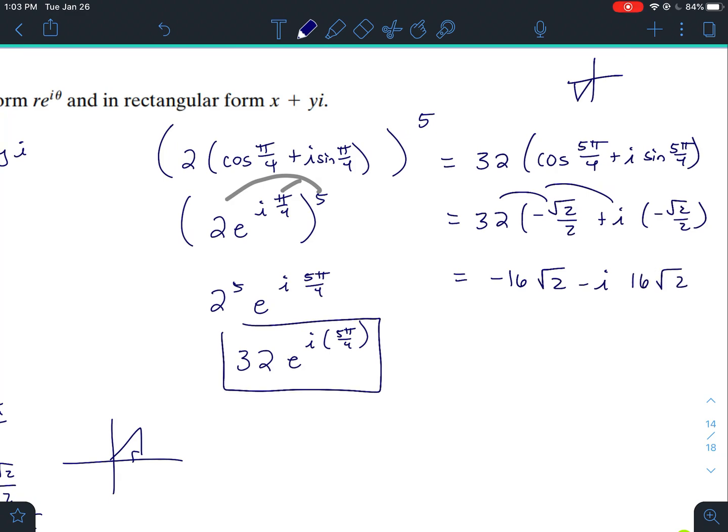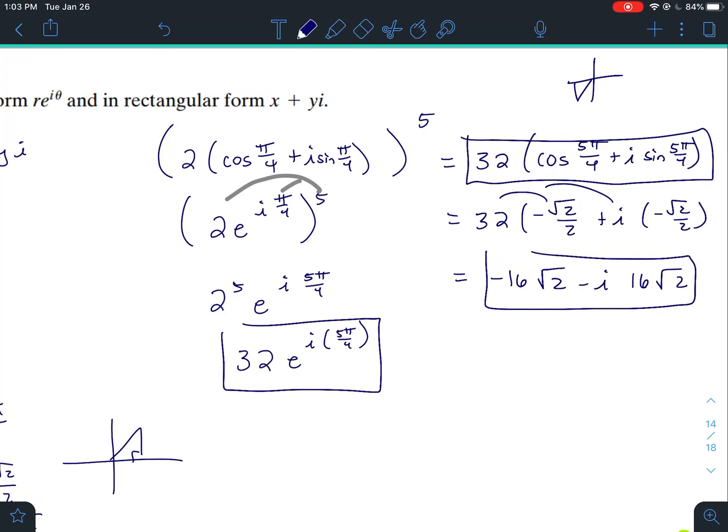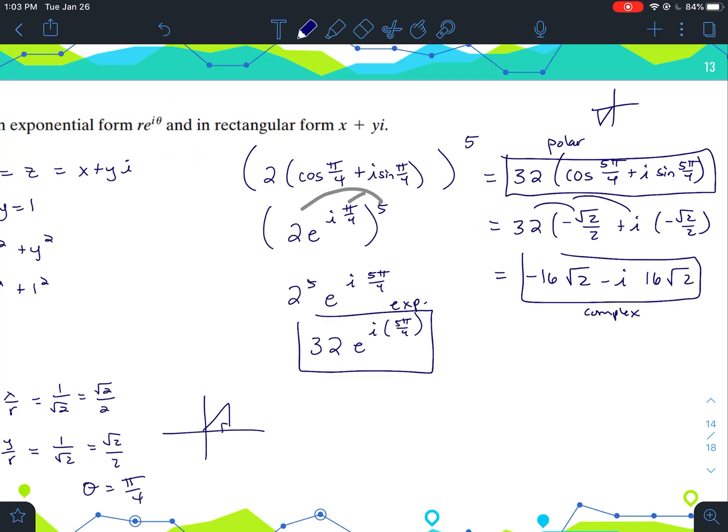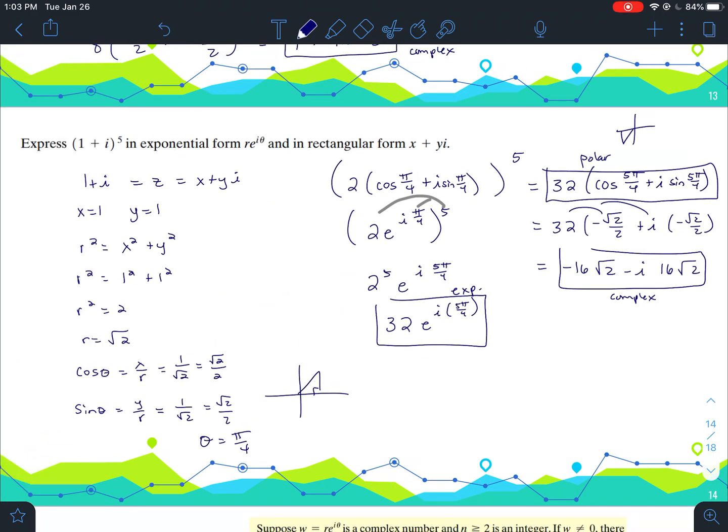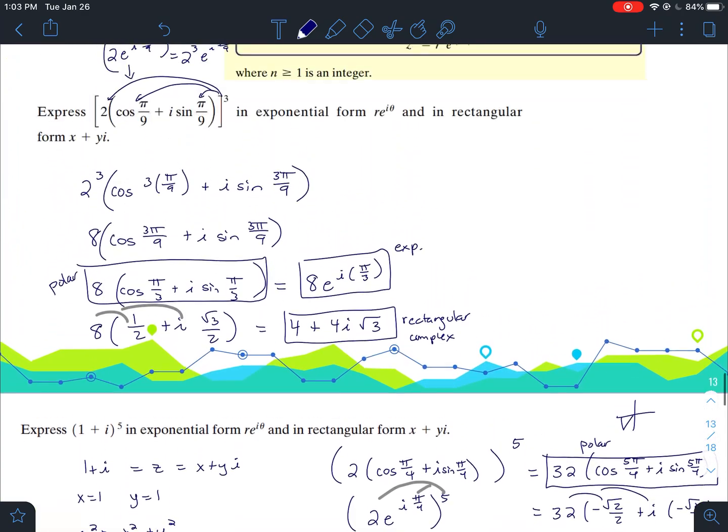And so this would be in exponential form, this would be in complex or rectangular form, and this would be in polar form. So polar, complex or rectangular form, and then this would be exponential form. So that is DeMoivre's theorem.